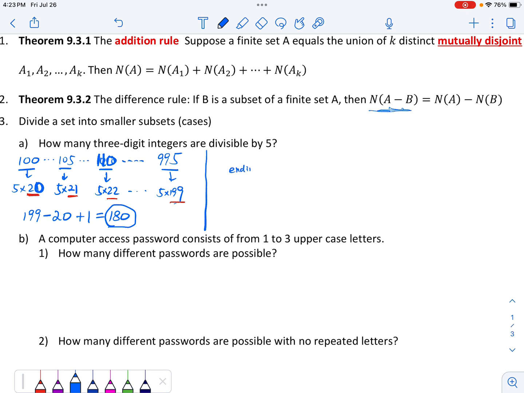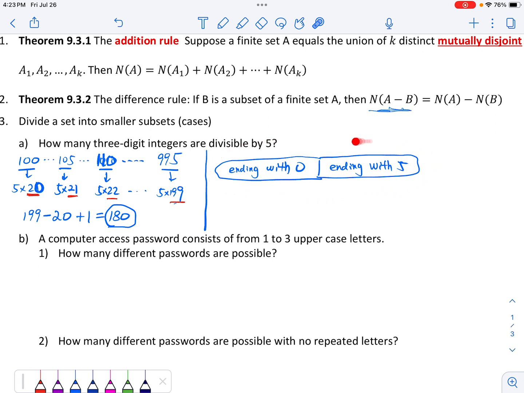One is the integers ending with 0. The other set is those ending with 5. They're definitely mutually exclusive, meaning disjoint. So to count the 3-digit integers that are divisible by 5, I just need to count this one and count this one and then add them. That's where the addition rule comes in.